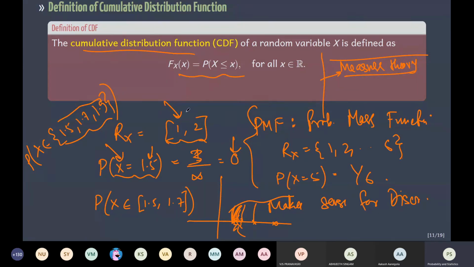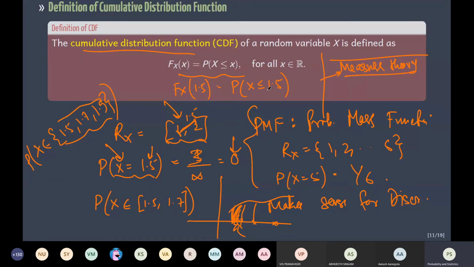For example, here I can say F of x, let us say at 1.5. Then I am asking the probability that x is less than or equal to 1.5. Now this makes sense because the distance from 1 to 1.5 is measurable.